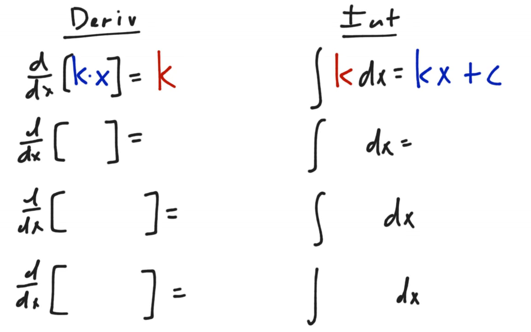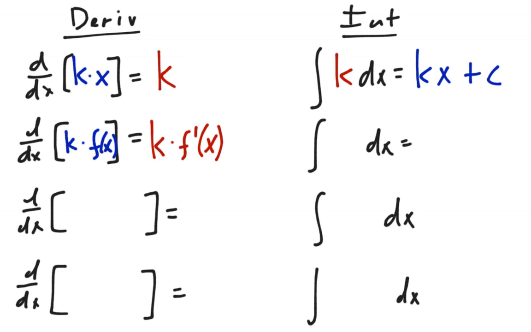If I have the derivative of k times a function f of x, then really all I'm doing is pulling out the constant and keeping it there, and so I get k times f prime. It just stays there, which is nice.